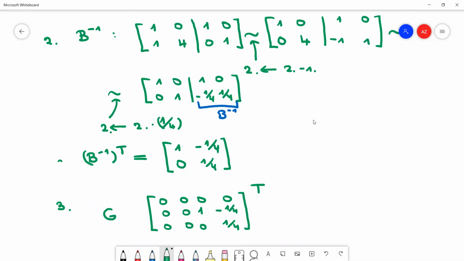And this is our G. So we have 0, 0, 0, 0, 0, 0, 1 and minus 1/4, 0 and 1/4.